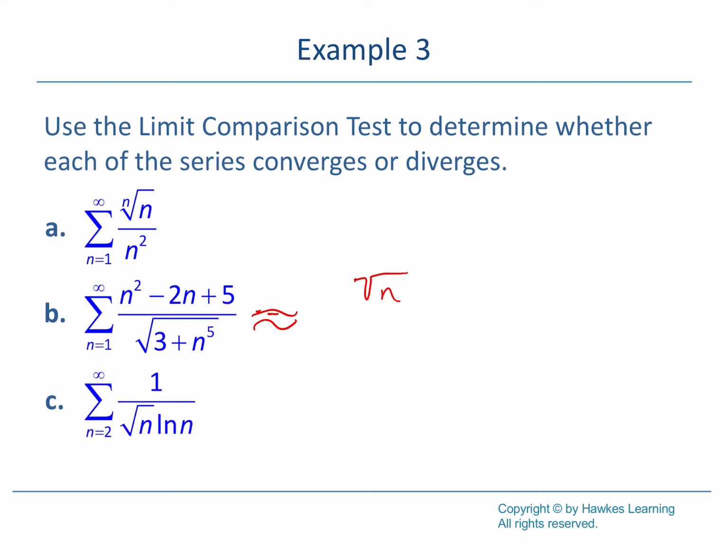No, 1 over the square root of n. Shoot. Yeah, it would behave a lot like 1 over square root of n, because we've got 4 halves on top, 5 halves on bottom. Okay. And let's think, the next one, we've got 1 over the square root of n times ln of n.